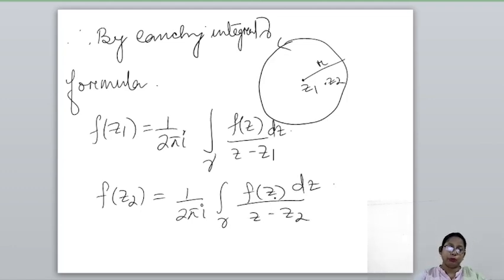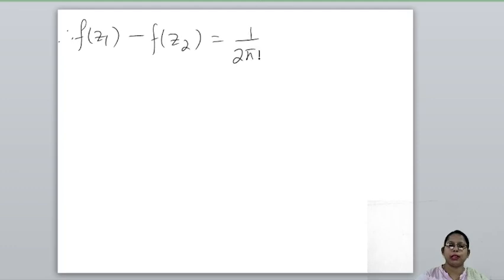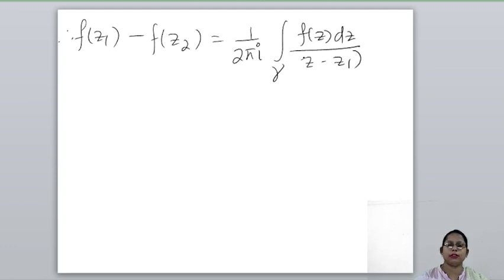Now to prove the given theorem, we have to prove that f(z1) is equal to f(z2). For that, we will consider f(z1) - f(z2). This is equal to 1/(2πi) integral over gamma of f(z) dz/(z - z1) minus 1/(2πi) integral over gamma of f(z) dz/(z - z2).